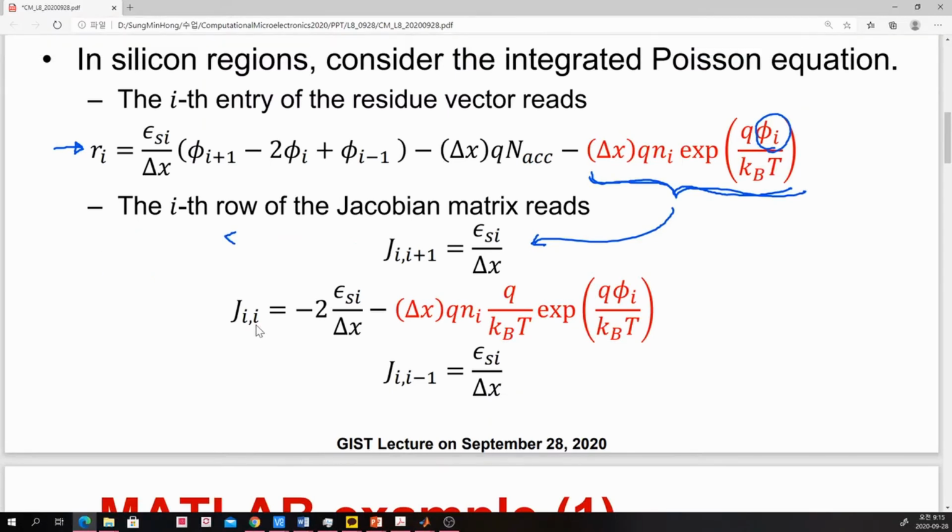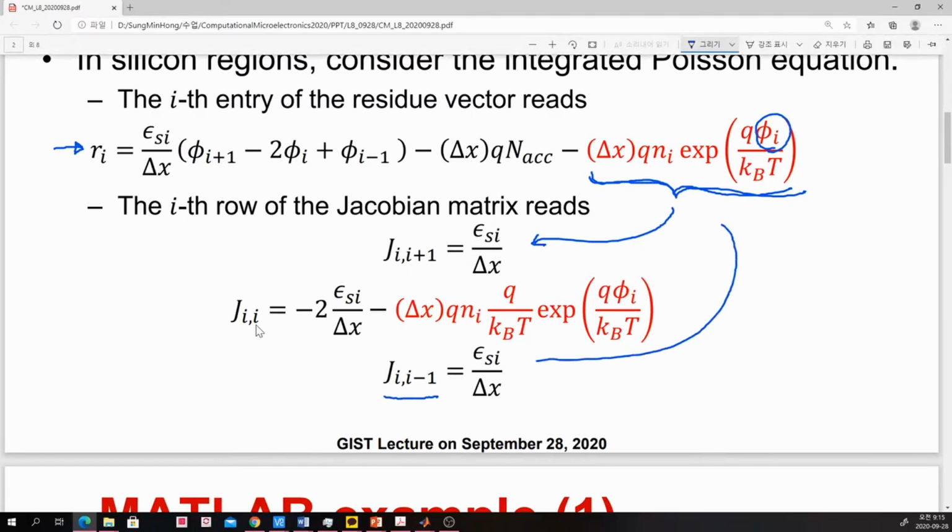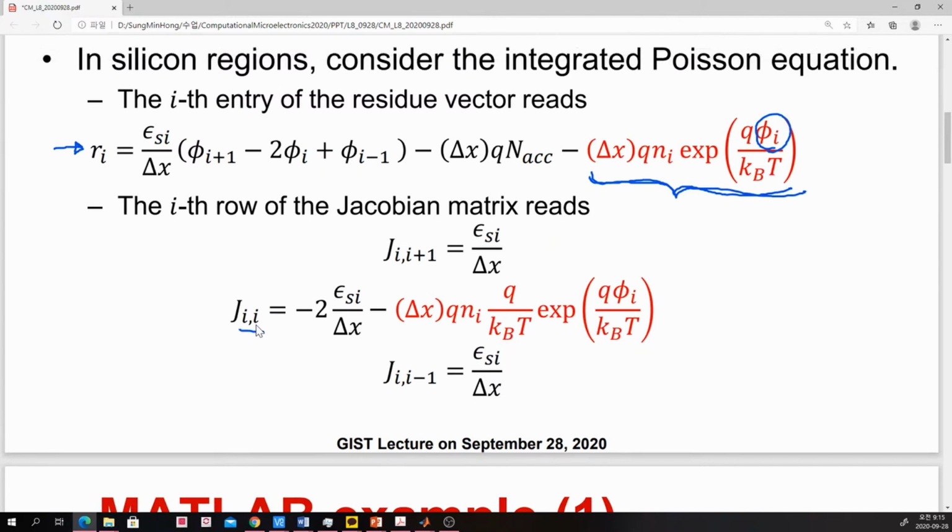And here also, J_{i,i-1} has no contribution. Only the diagonal component J_{i,i} has a contribution from this diagonal term.